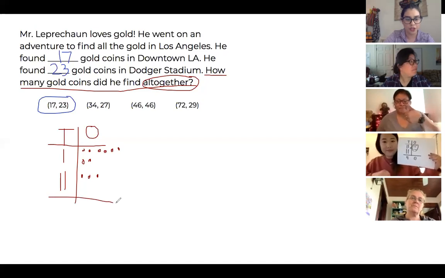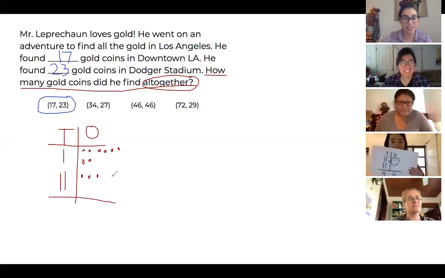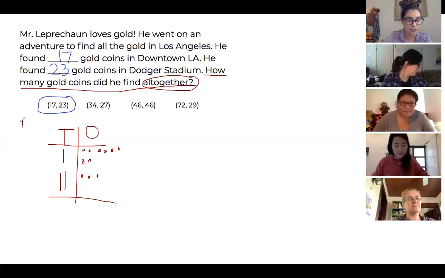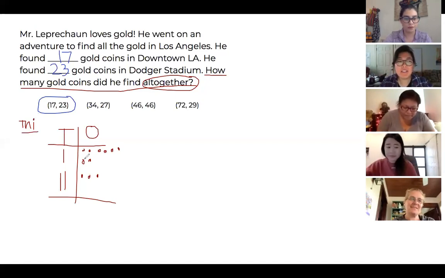Beautiful. So I'm writing her strategy so that everyone can see clearly. So this is Miss T's strategy, so that everyone can see. So first, Miss Kim, what did Miss T do to solve the problem? So Miss T basically, she broke it into tens and ones.